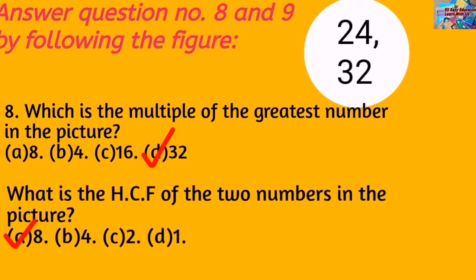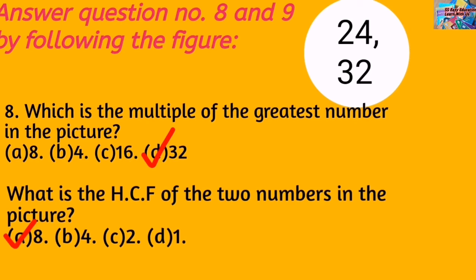We cannot choose the other ones because 32 zeros are 0. So we are sure that the multiple of 32 is 32. Okay, everyone? Now let's move on to number 9.